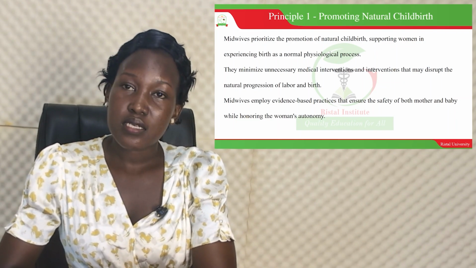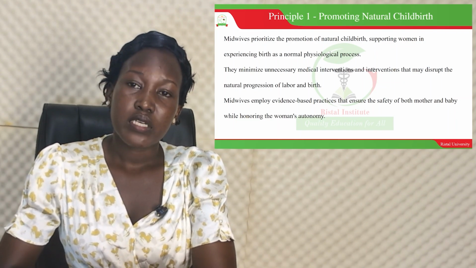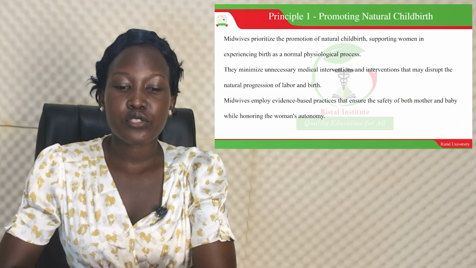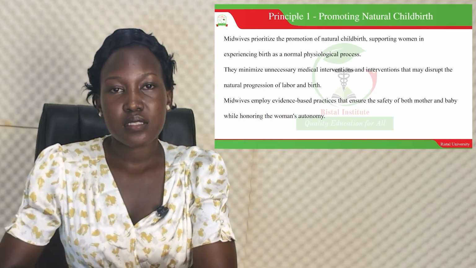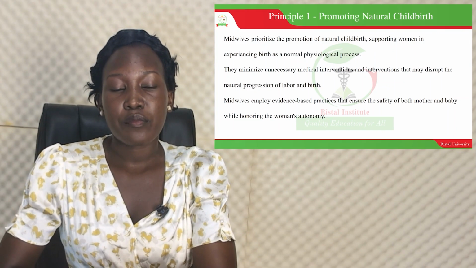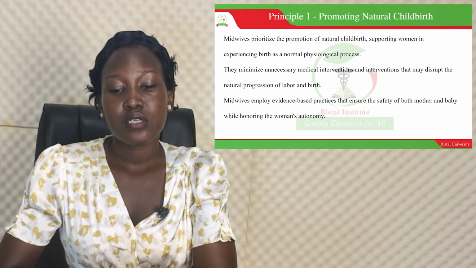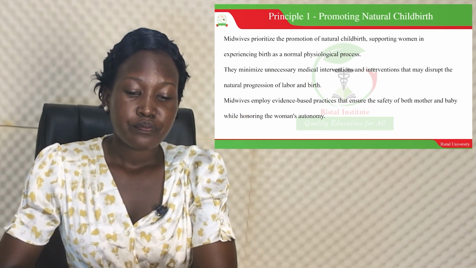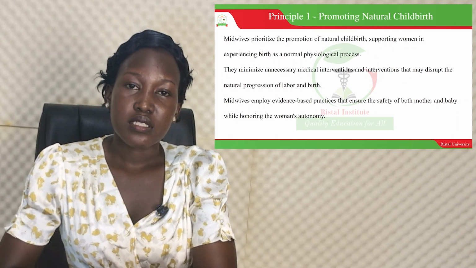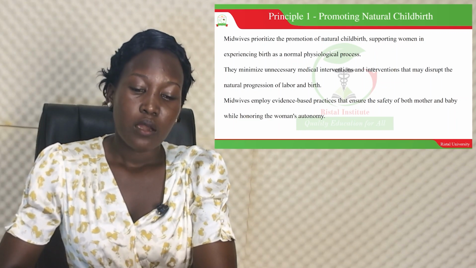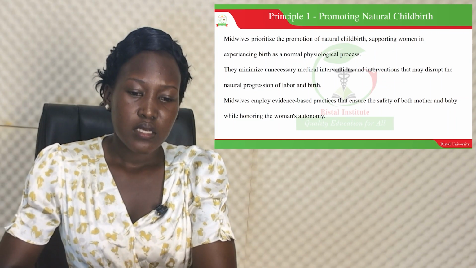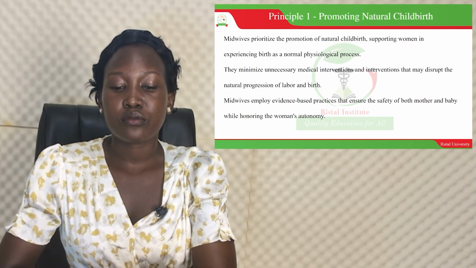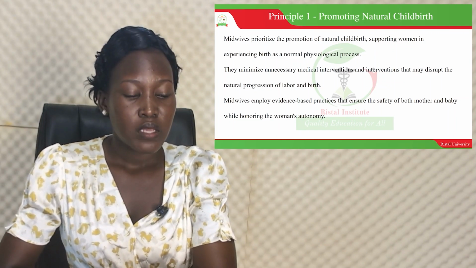Much as we see that these days people have elective cesarean section, what is best is for us to make sure we provide the mothers with the information so that they know that experiencing the normal physiology of childbirth is very helpful as a mother.